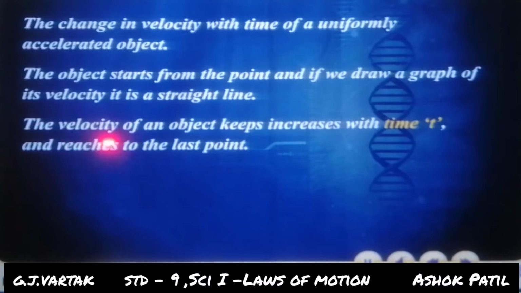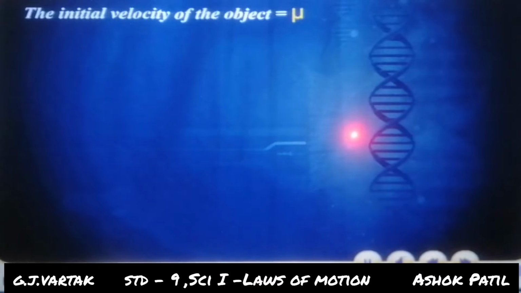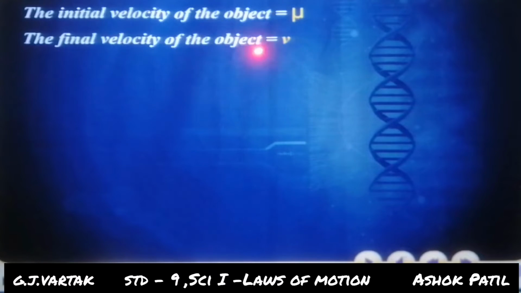The initial velocity of the object is equal to u. Initial means the starting velocity of the object.